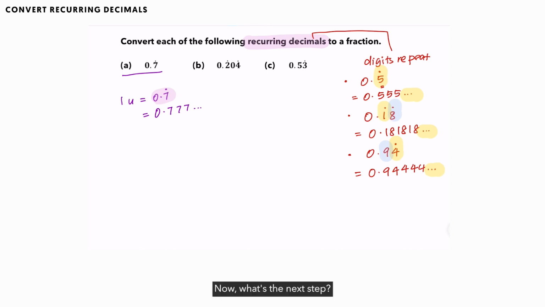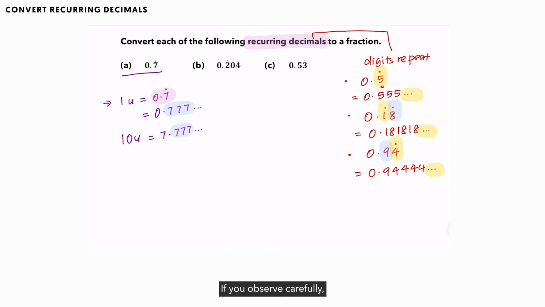Now, what's the next step? The next step, we need to look for another decimal where the portion after the decimal place looks similar. Now, how are we going to do that? If you realize, 1 unit over here is just 0.777. If I take 1 unit and multiply by 10, I should get 7.777 with the 3 dots at the back.